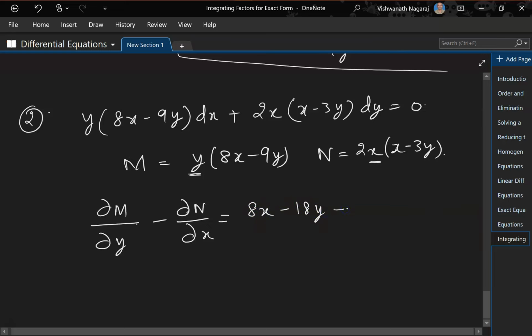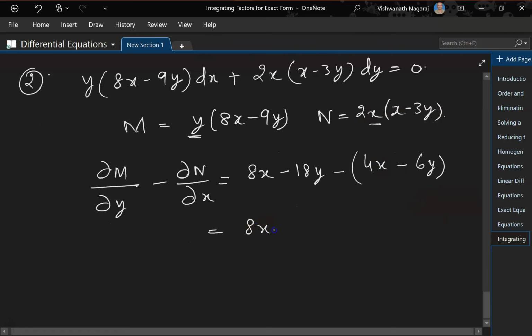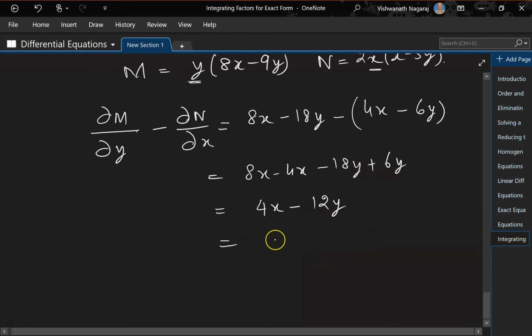Then minus dou N by dou x, we differentiate with respect to x. This is 2x square, so that becomes 4x minus 6xy, so this becomes 6y. 8x minus 4x minus 18y plus 6y is 4x minus 12y, and if we want we can take common out, 4 times x minus 3y.